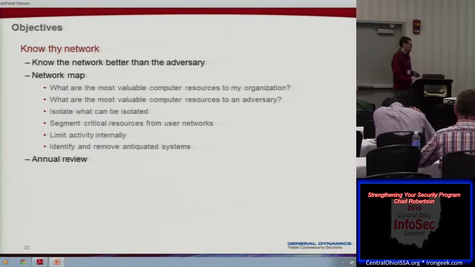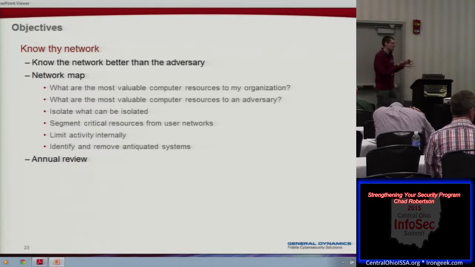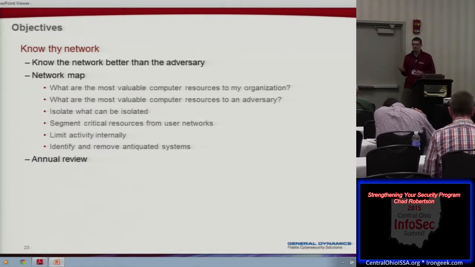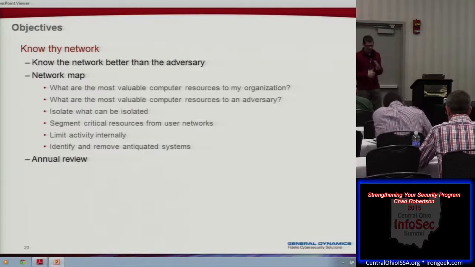So that's some sort of organic system that was built to accomplish one specific task, or by a set of users that had a task in mind, and so they pushed out a system to perform that task. That's something to keep in mind when you're doing a network map. Identify organically grown systems, do something about them, and then identify and remove antiquated systems.